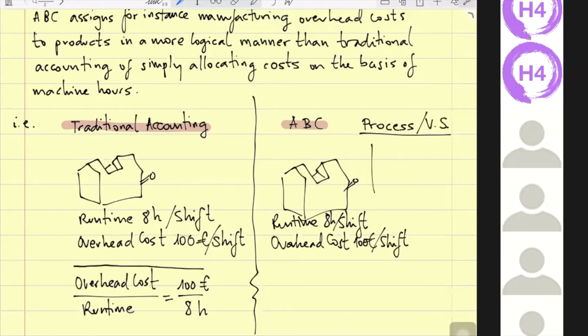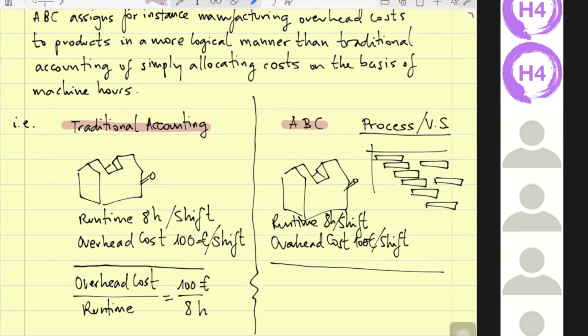And because we know the value stream, we know all the activities that have consumed resources throughout the 8 hours. So we can assign a cost to each activity. Okay.